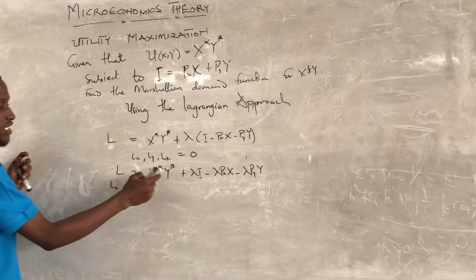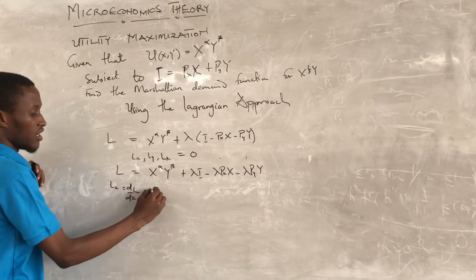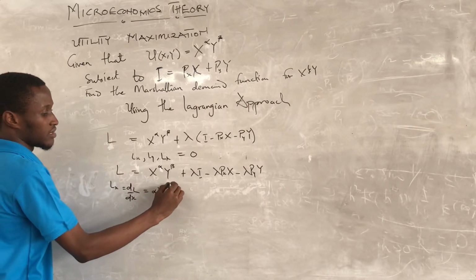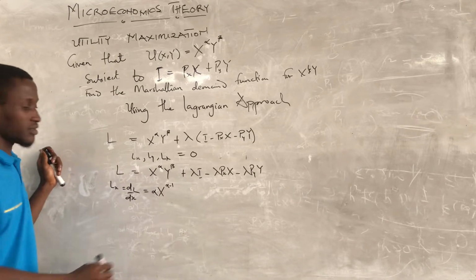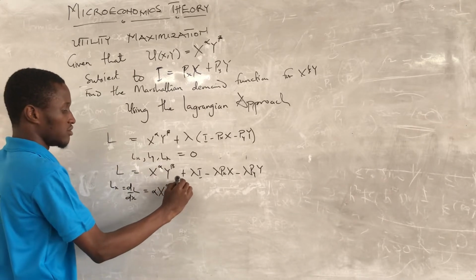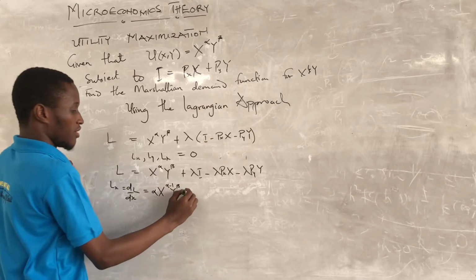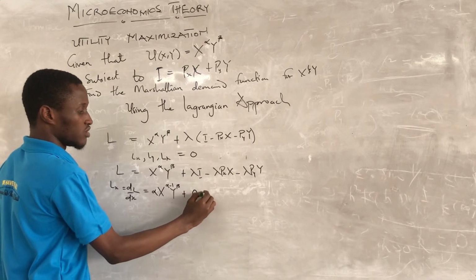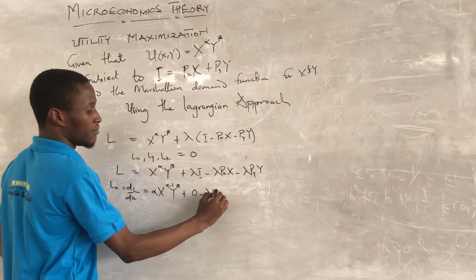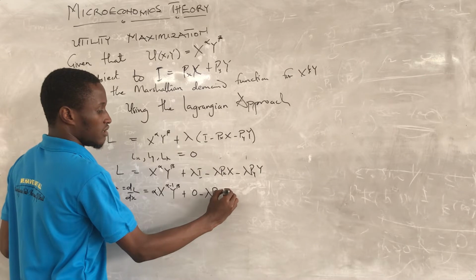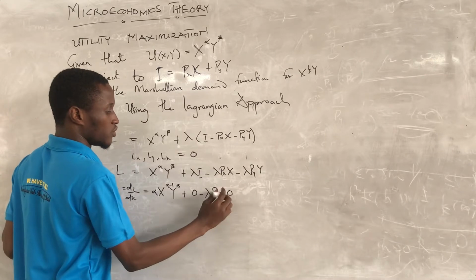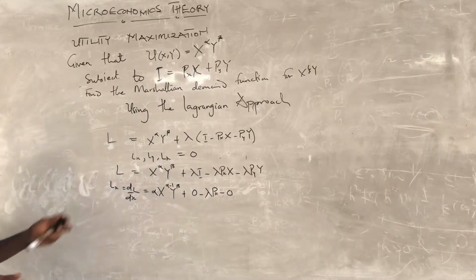So now we differentiate this with respect to x. I will have alpha x^(alpha minus 1) y^beta, plus this goes to 0, and I have minus lambda px and minus 0 because this was a constant. Differentiation of a constant is 0.